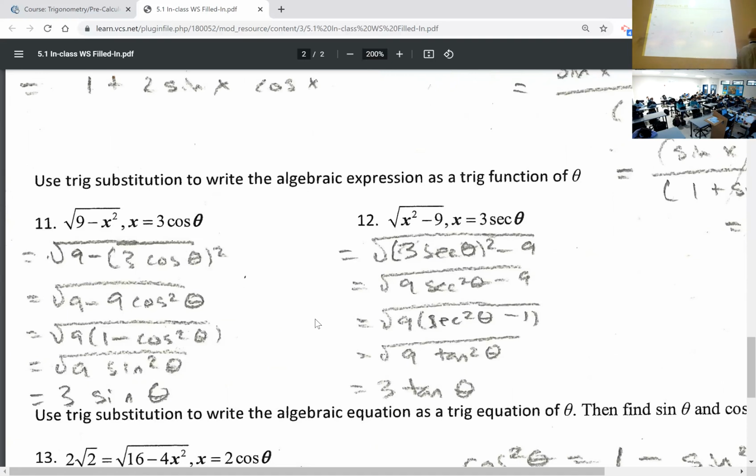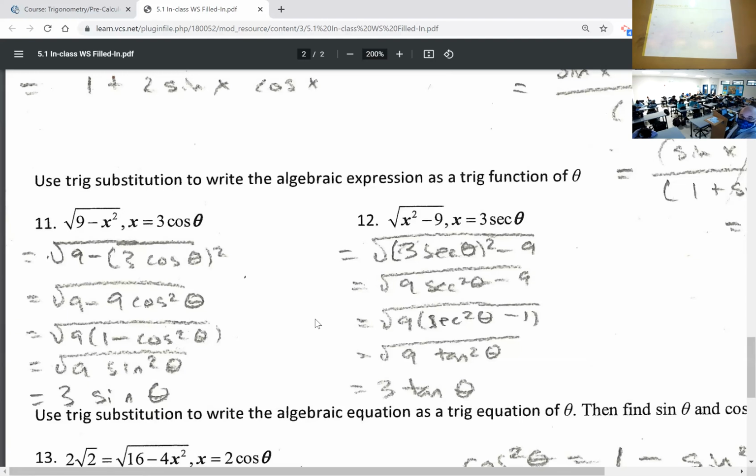Well, 9 minus 3 cosine theta squared is 9 minus 9 times cosine squared, I can factor out a 9, and I'm left with 9 times 1 minus cosine squared, which is equal to the square root of 9 times sine squared, because 1 minus cosine squared is sine squared. Take the square root of that, and I've got 3 sine of theta. I suppose that should be plus or minus. No, it's just the square root, so it's just the positive square root.